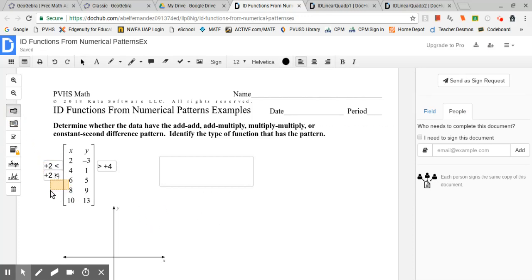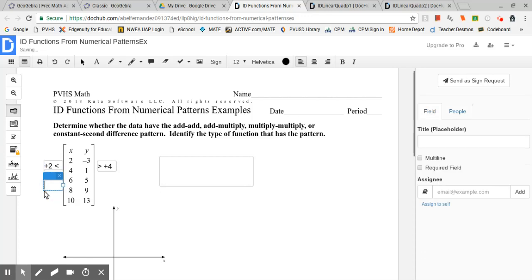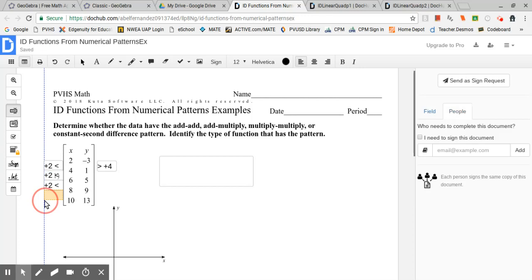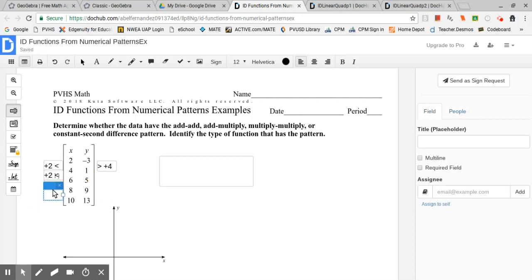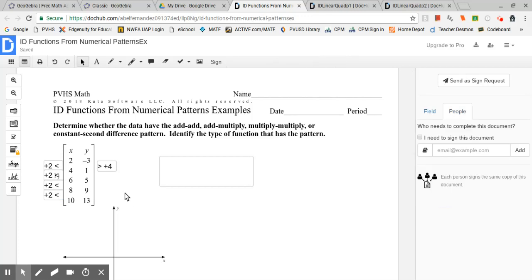And same way from 6 to 8, I add 2. And we want to go through the entire data set because you never know, it might switch up, so we want to be absolutely sure. So in the entire data set, I'm adding 2 on the left side. Okay, so that's interesting, I hope.